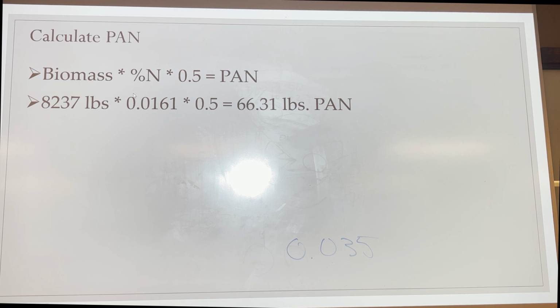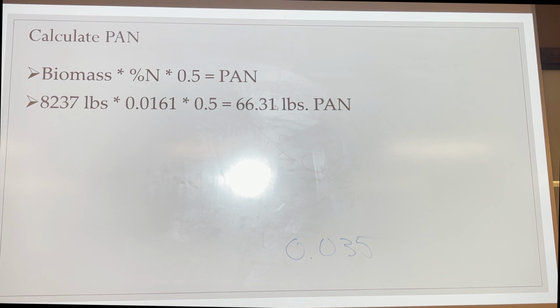All right, so we have sorghum Sudan grass that weighed about 8,200 pounds. We multiplied times our percentage and times our 0.5, and we got 66. Did everyone get 66 point, or close enough to it, right? There's round off.